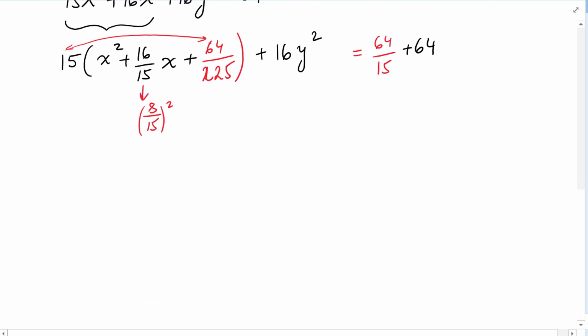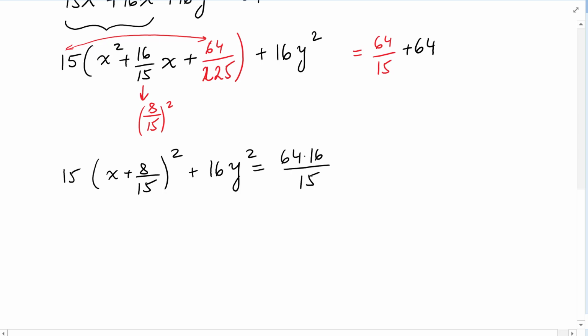So this becomes 15 times x plus 8 over 15 squared, plus 16y squared equals, and when we compute this we get 64 times 16 over 15.